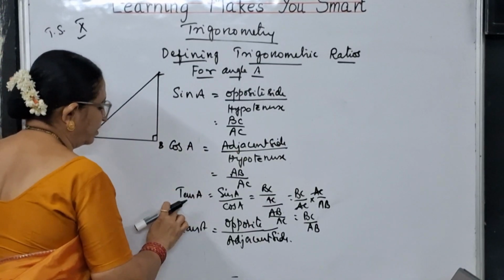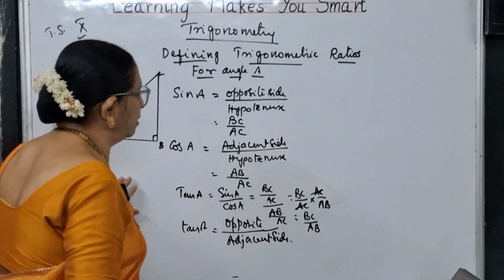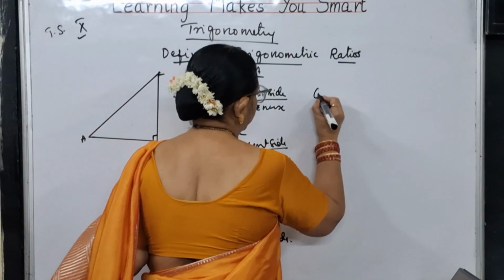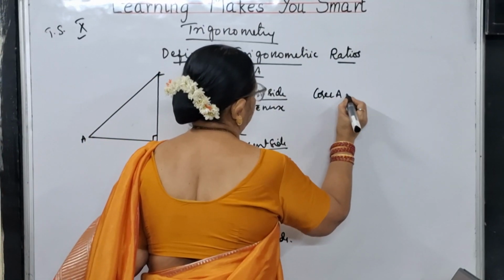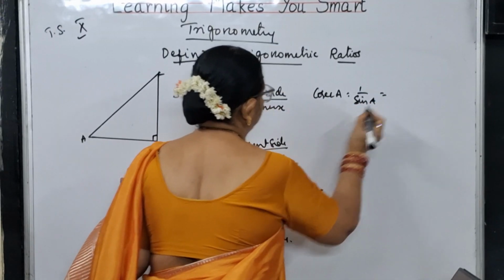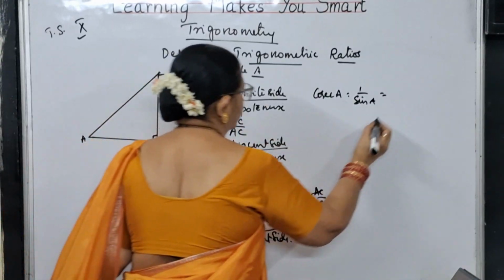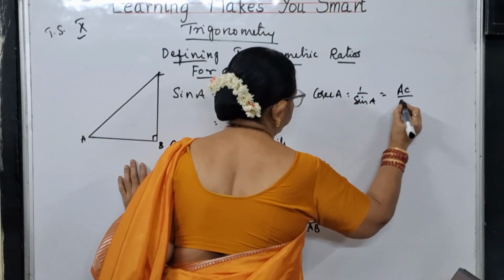Apart from these three ratios, we have got their reciprocals, that is cosecant A. Cosecant A is 1 by sin A, that is the reciprocal of sin A. So when sin A is BC by AC, it is AC by BC.